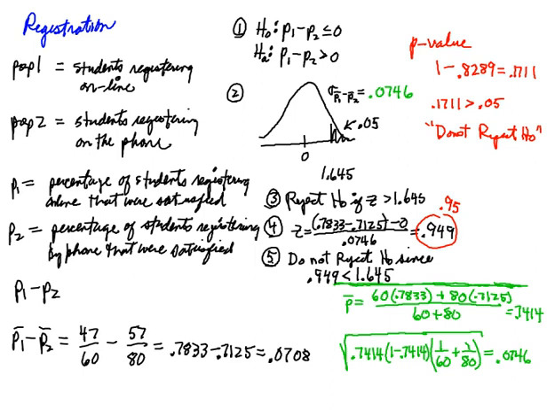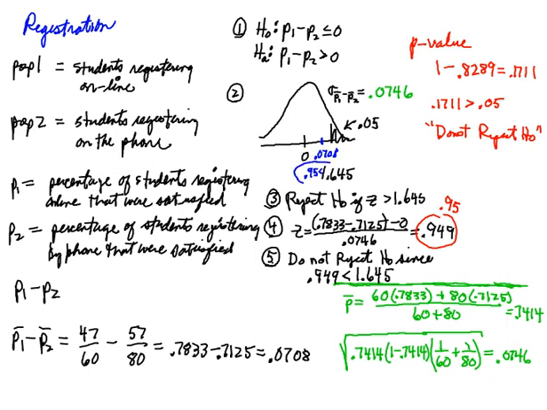Another comment here: this difference value of 0.0708 is about right there because its z-value or test statistic is 0.95, less than 1.645.